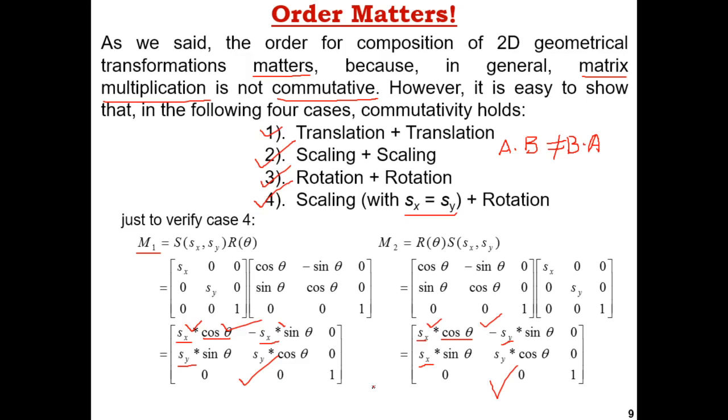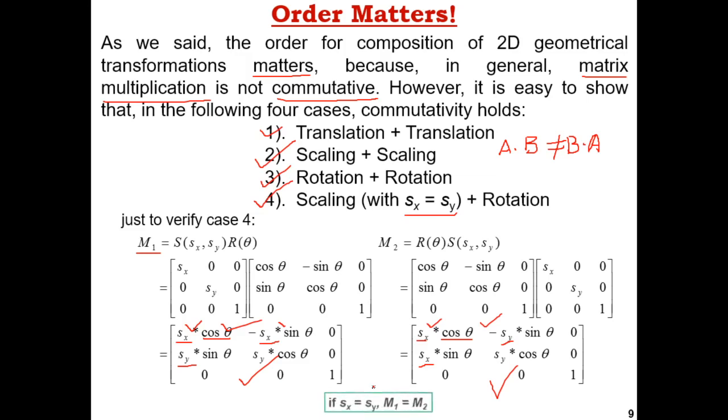When Sx and Sy are not equal, they are different, so they never follow the commutative law and never generate the same result. But one condition is there: when the scaling factors are equal, then rotation and scaling are commutative.